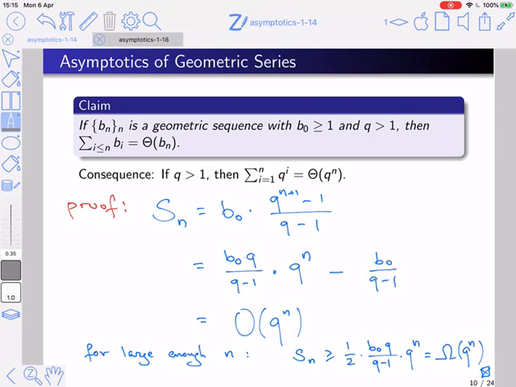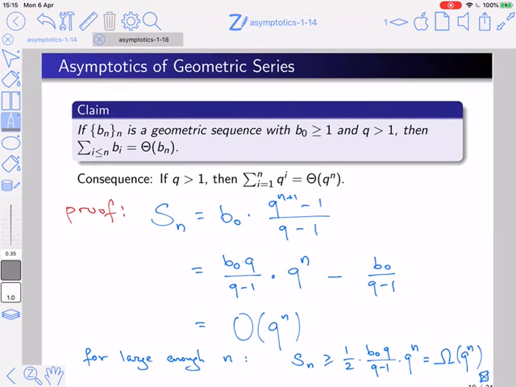Now, this is clearly big O of q to the n, because you can ignore the term you're subtracting, and this is a constant. b0 is a constant, q is a constant, q minus 1 is a constant. So you have your constant before the q to the n, so this is clearly less than or equal to this constant times q to the n, namely, it's big O of q to the n.